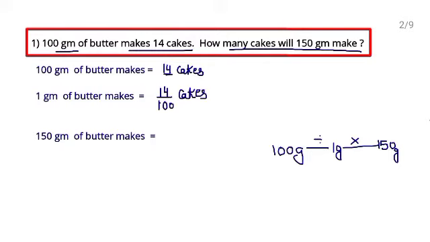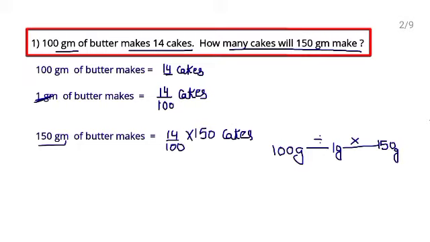This is the division. Now for 150 grams, you will simply multiply the cakes made in 1 gram, 14 upon 100, by the 150. Then we will get the number of cakes which can be made in 150 gram butter.